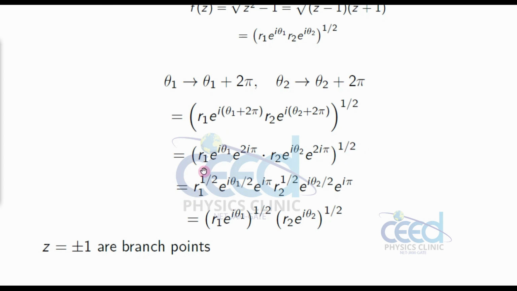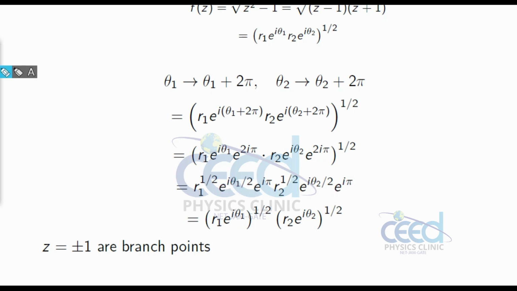Now I am giving this power to all: r1^(1/2) e^(iθ1/2) e^(iπ), and r2^(1/2) e^(iθ2/2) e^(iπ).